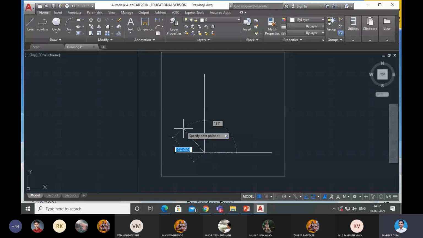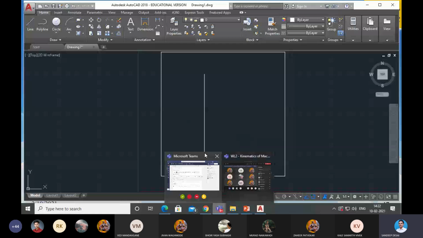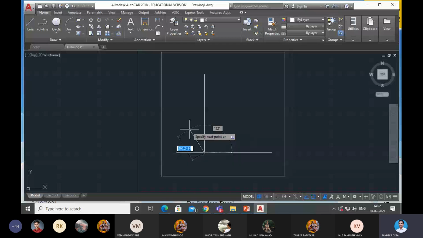Scale it up 10 times. Yes, sir. Let us scale it up. If you will not scale it up, what will happen is it will be too small. How much is it? 50.8. Too small. That is the reason let us scale up. So it is 508.